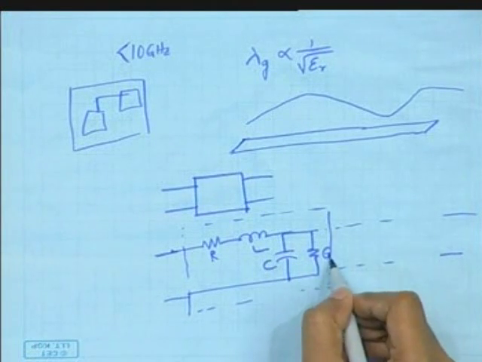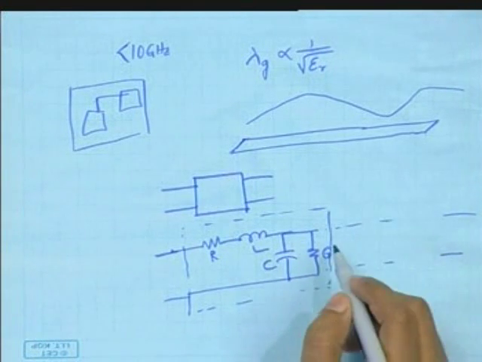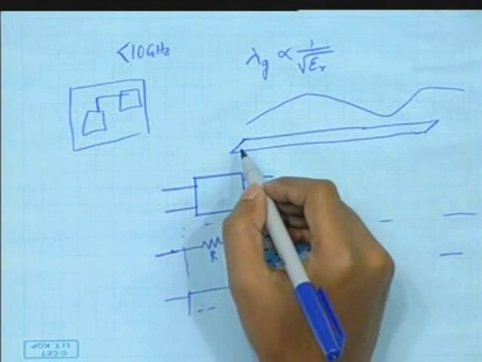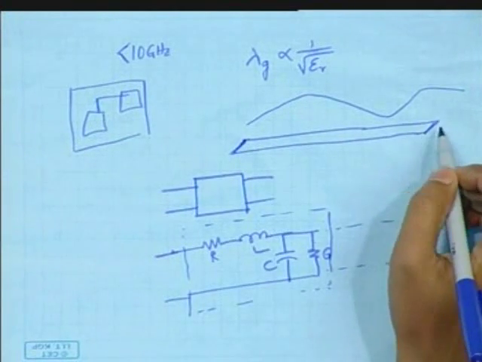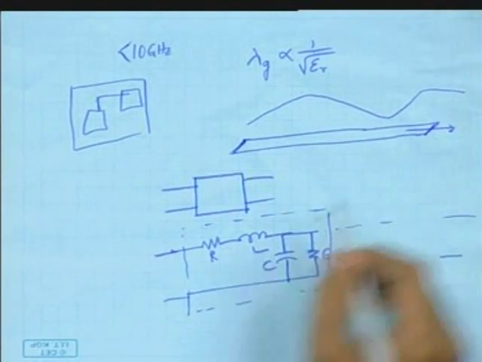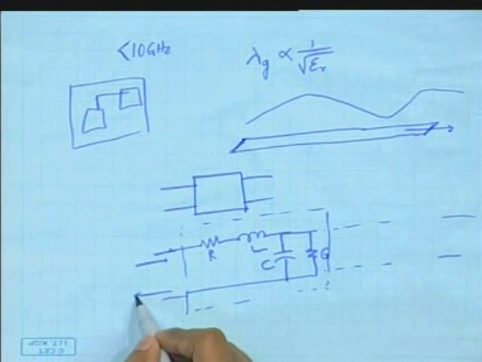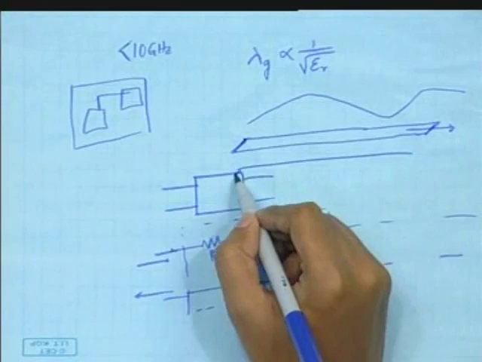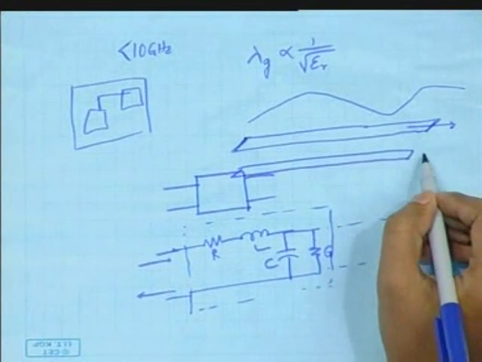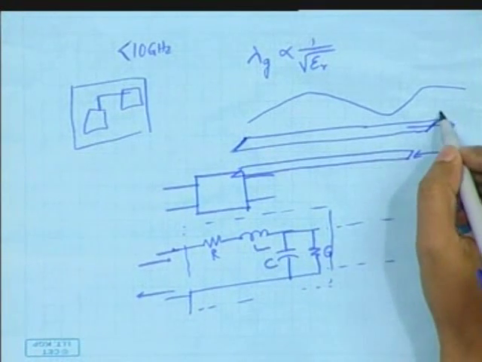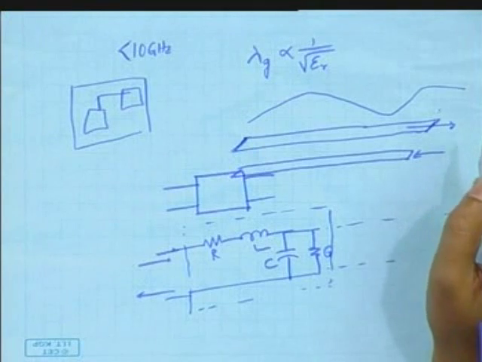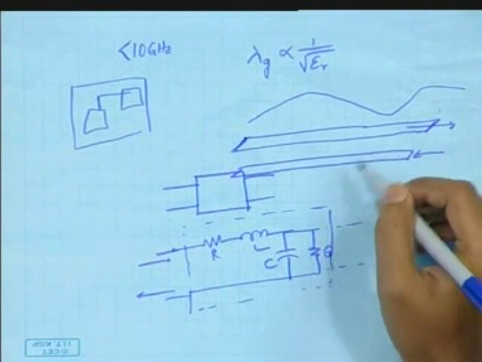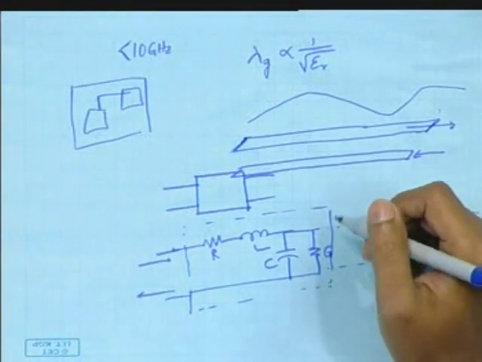Now, if you fabricate this type of transmission line on chip, suppose this is the signal path, you also need a return path because it's a two-port. So suppose I fabricate another line below, that is the return path. Then this can be used as a transmission line. Now, tell me what will be the capacitance and the losses due to in this case.